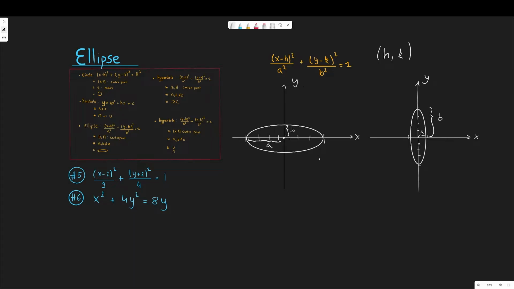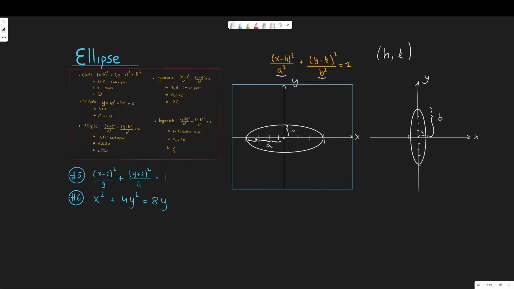Next, we have the constants a and b, and those constants will tell you how far away the ellipse is from the center point. The a constant will tell you how far away the ellipse is parallel to the x-axis because it's underneath the x, and the b constant will tell you how far away the ellipse is parallel to the y-axis, as you can see right over here.